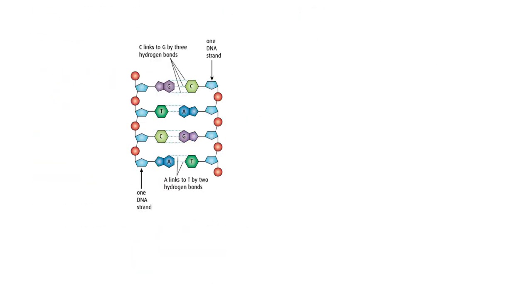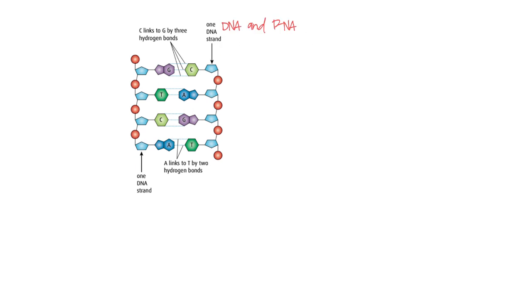Now, when we talk about DNA and RNA, these are what we call nucleic acids. The NA in DNA and RNA stands for nucleic acid. So for example, DNA's full form is deoxyribonucleic acid. These nucleic acids are themselves comprised of one or more polynucleotide chains.